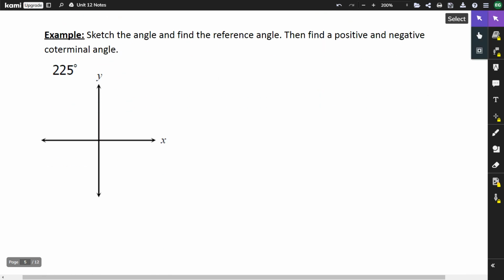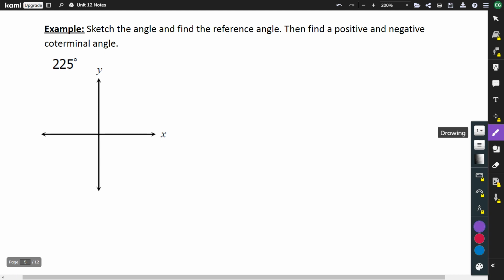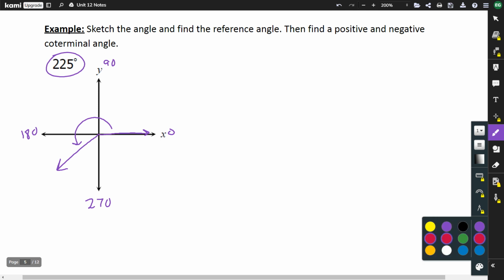Okay, so for this example here, this is our last one, we want to sketch the angle and then we want to find a couple things. So if I'm sketching my angle of 225 degrees, remember this is 0, 90, 180, 270. Now it starts here. 225 is going to be in between 180 and 270, right? And here's our little arrow to show which way we went. We want to find the reference angle first. So we're measuring our terminal side back to the nearest x-axis.